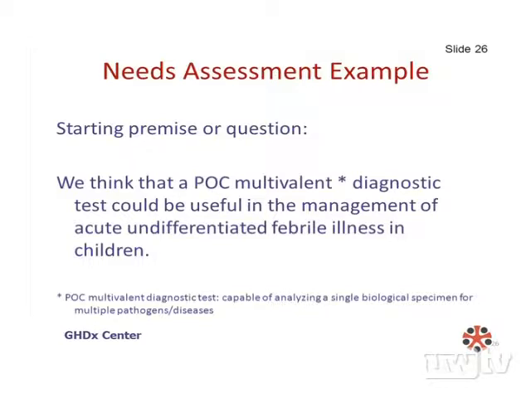Our statement is, well, we think that a point-of-care multivalent diagnostic test could be useful in the management of acute undifferentiated febrile illness in children. That's our starting point. And by the way, what we mean by a multivalent test is a diagnostic test that's capable of analyzing a single biological specimen for multiple pathogens.